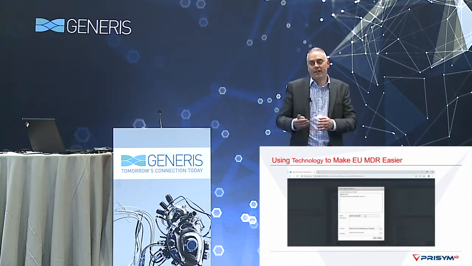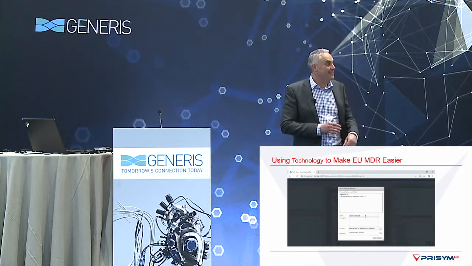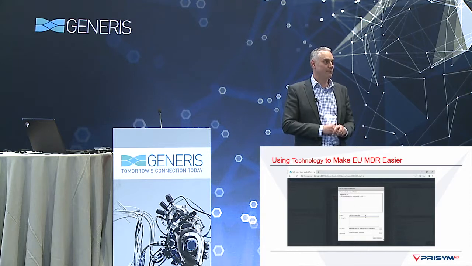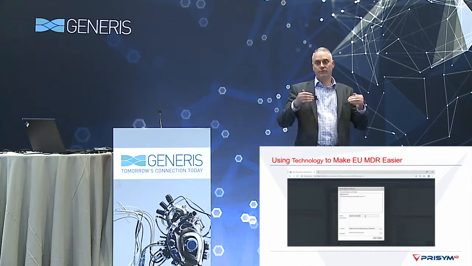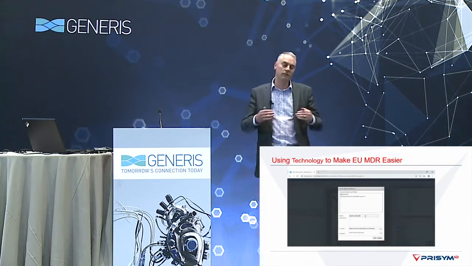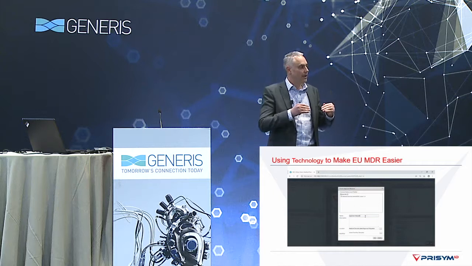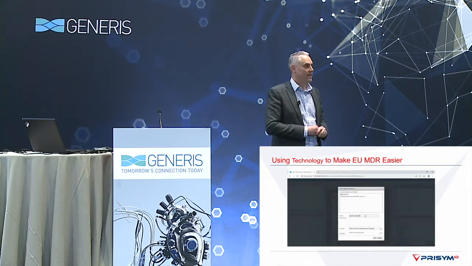Yes, some of our customers have lots of products, and this is where the challenge with the EU MDR comes from. What I'm seeing in Europe is a lot of organizations, not just our customers, saying, do you know what, we don't really know where to start with the EU MDR.